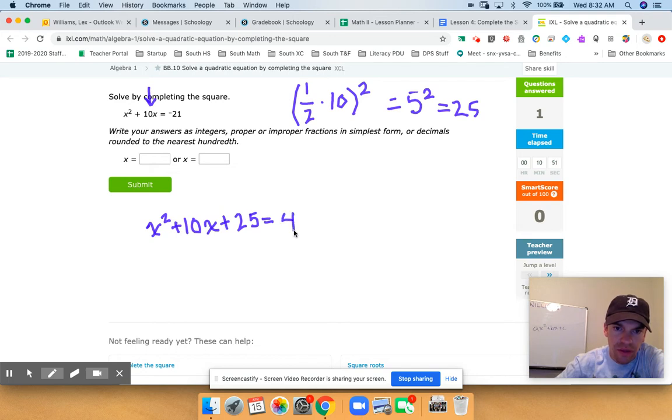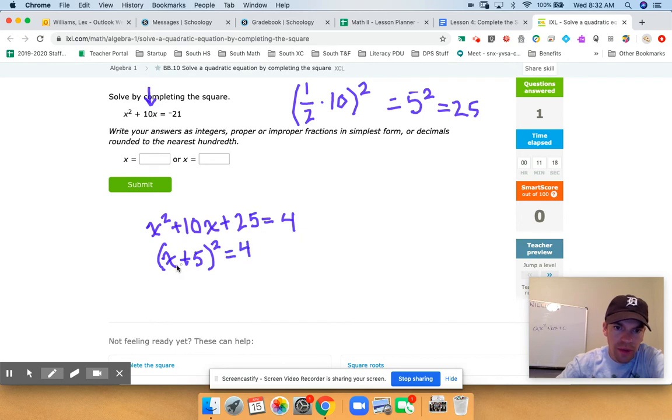So when we make a perfect square, we're adding those 25 algebra tiles to each side. Now when you have a perfect square like this, we already figured out half of b. So when this is factored, it's going to be x plus 5 times x plus 5, or x plus 5 squared, and that's going to be equal to 4.